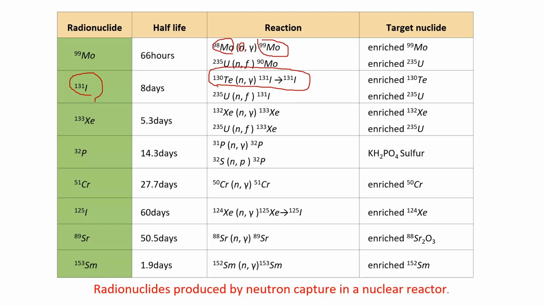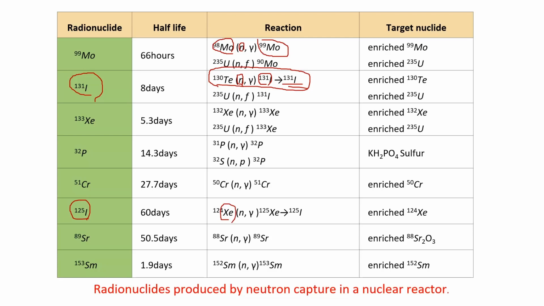Here, after neutron capture, the iodine-131 is decaying, and here also iodine-125. We can obtain iodine-125 from the target material xenon.